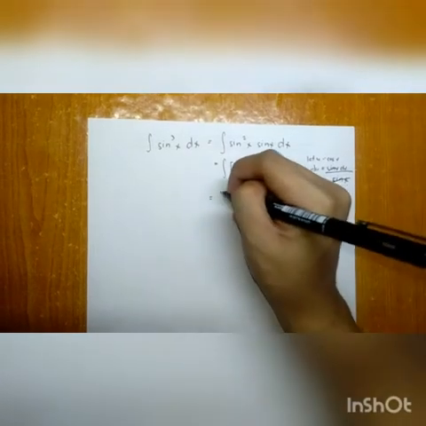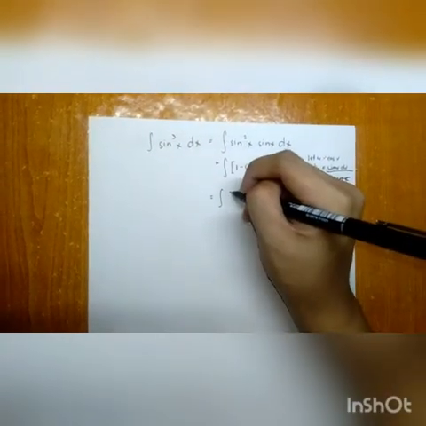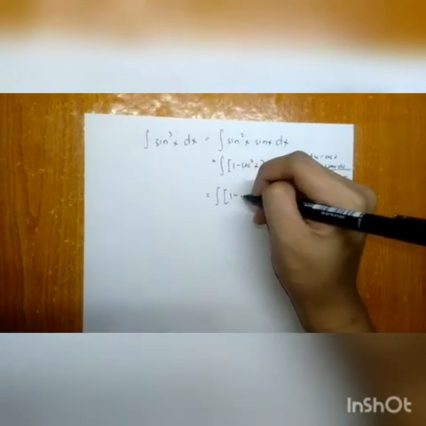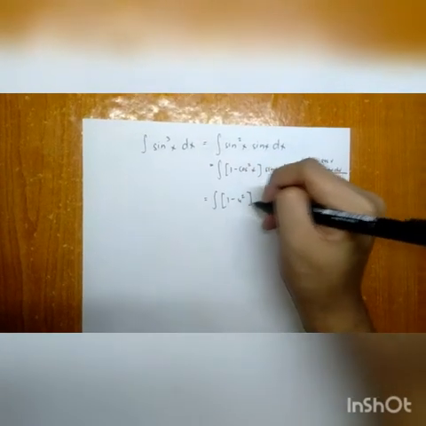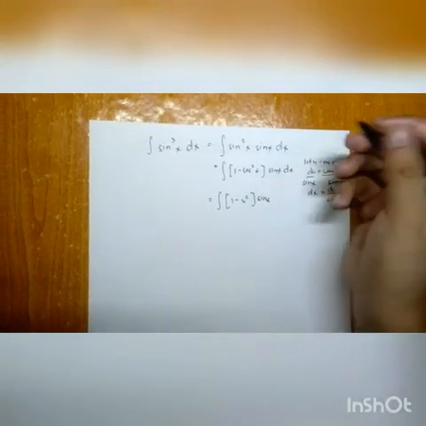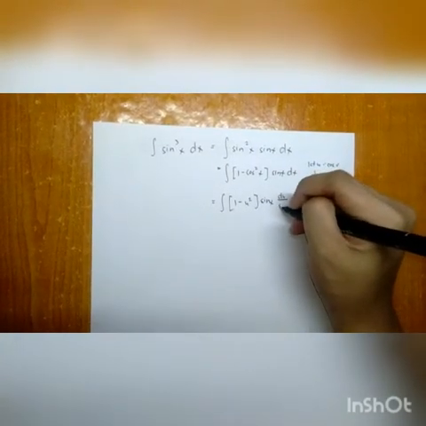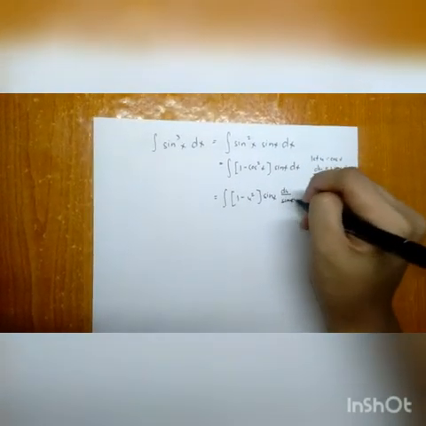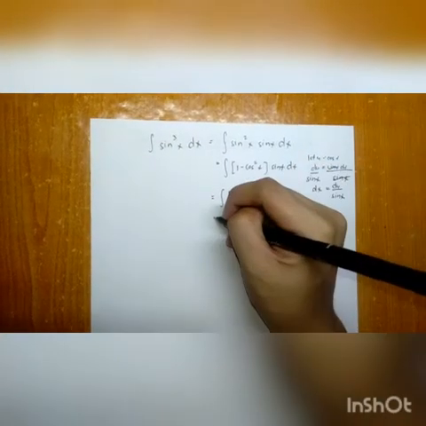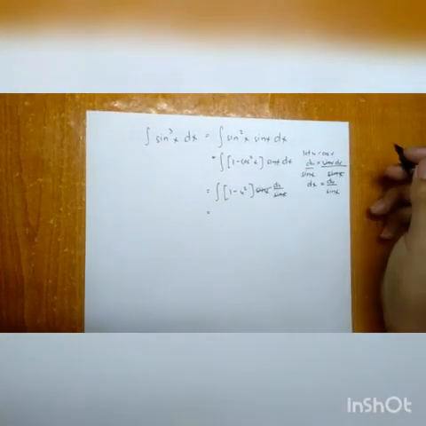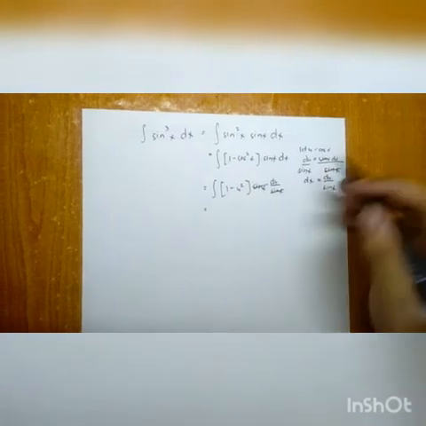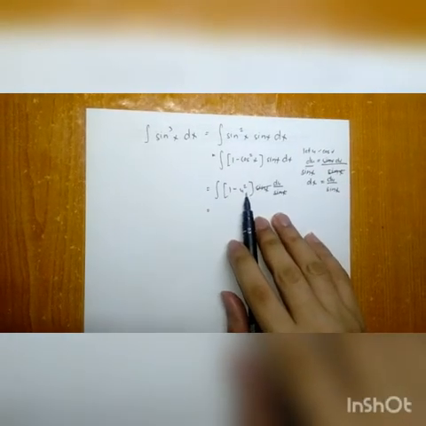Now, we will substitute u. The integral of 1 minus u squared times sine x, and dx will be du over sine x. Sine x will be cancelled. Now, we will find the antiderivative of 1 and of u squared.